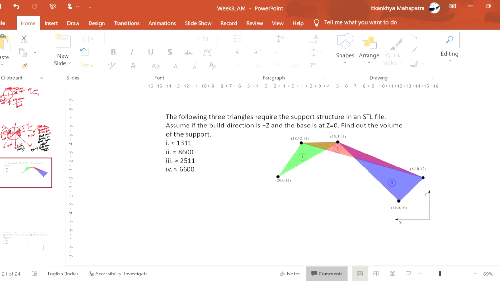So here in the question we have been given three triangles which require the support structure in STL file. Assume the build direction is plus z and the base is at z equal to 0. Find out the volume of the support. Now we'll first understand where this is triangle number 1.